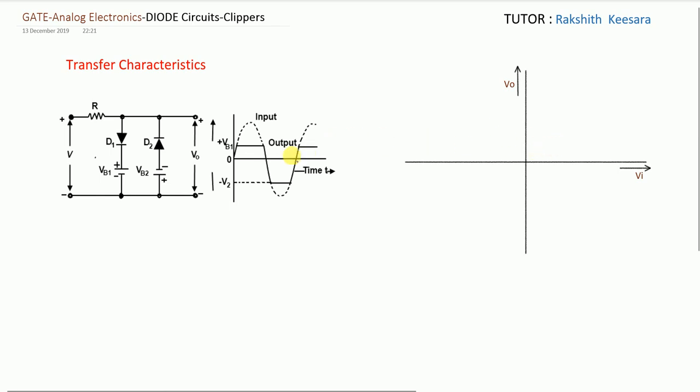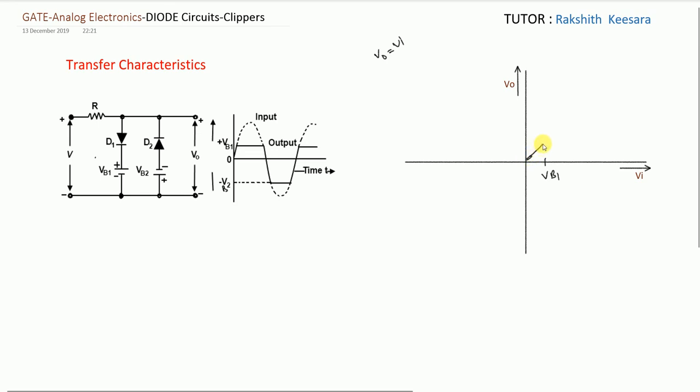So I will tell you now. See here, this is VB1, this is VB2. So this is the input voltage. From 0 to VB1, the output voltage is following the input voltage. Let this be VB1. See, from 0 to VB1, the output voltage is following the input voltage. That is V0 equal to Vi. Like this.